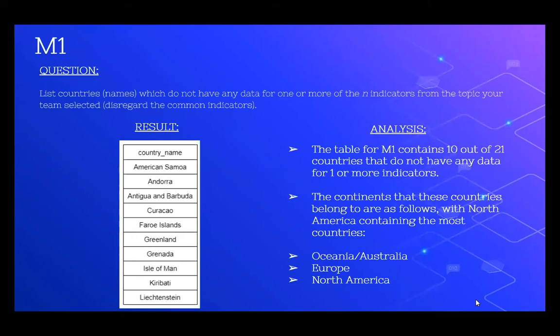In the first analysis question, M1, we found those countries that do not have data for any one or more of the 5 employment indicators. There were a total of 21 countries that did not have data, and 10 of the countries are shown in the table. The majority of the countries, with the exception of one, which was Seychelles in Africa, were on the continents of North America, Australia and Oceania, and Europe.